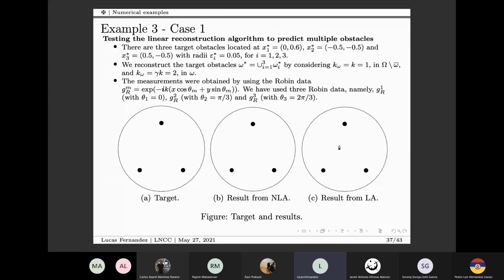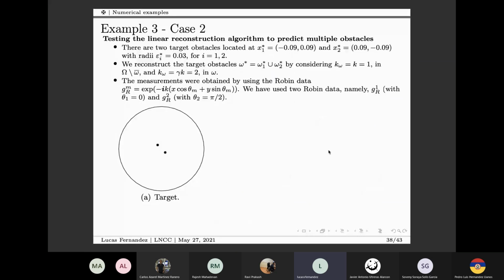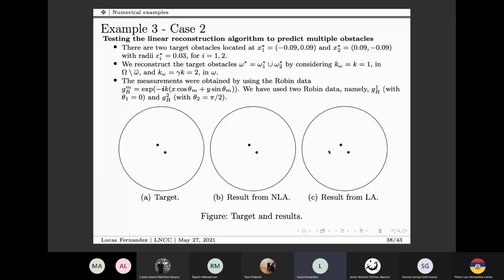Case 2 considers 2 obstacles of the same size, but they are very close to each other. And here is the result from the nonlinear and linear reconstruction algorithms respectively. This example 3 shows us that, 1, the reconstruction algorithms accurately reconstruct the hidden obstacles, and there is no difference between the predicted results.